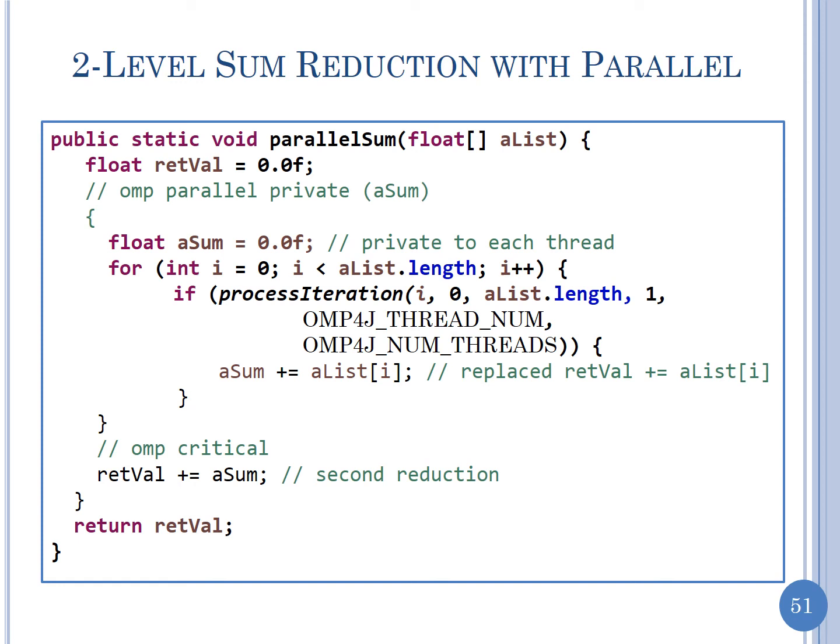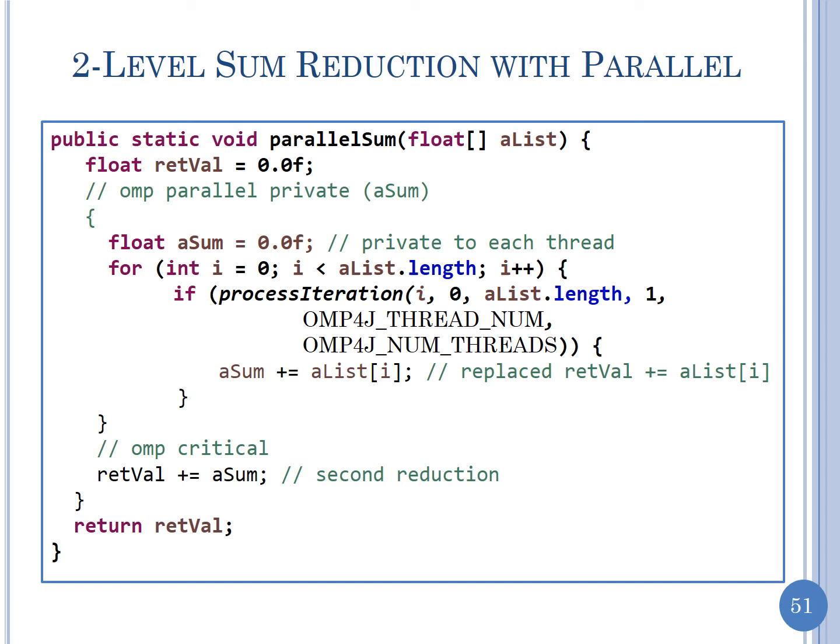But we're not using the OMP for, so why do we need to make that critical? No, we are using OMP parallel. We are creating multiple threads. We're not using OMP for parallel, so we have to do process iteration, where I decide how my iterations are divided, because I'm not using the for loops.